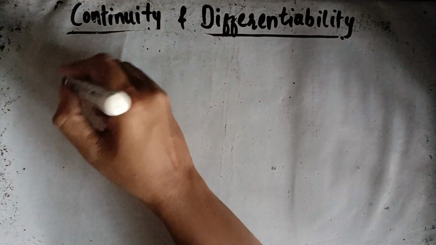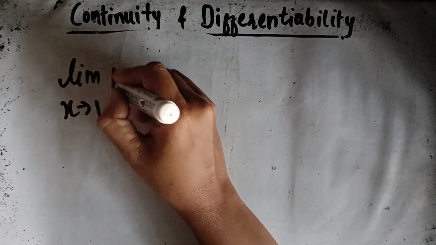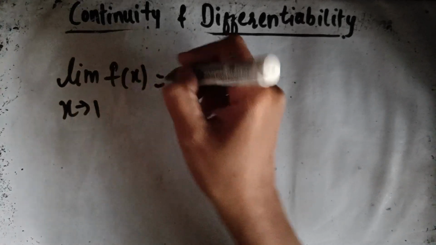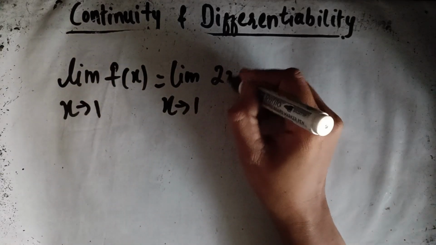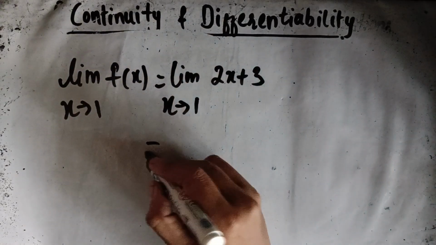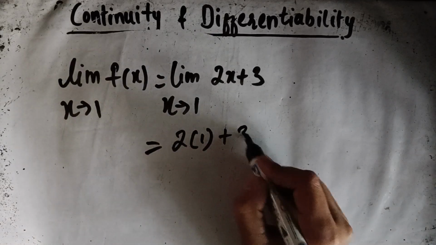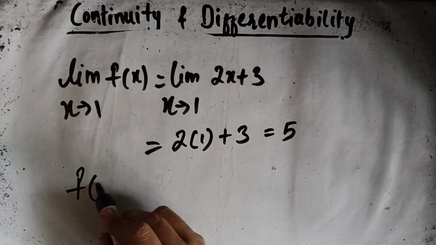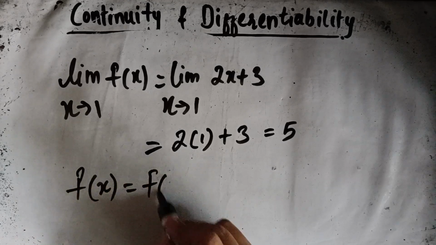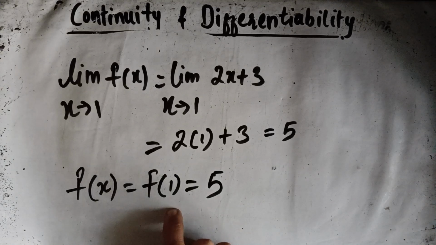So we write directly limit as x tends to 1 of f of x equal to limit as x tends to 1 of 2x plus 3. Substituting the value 1, this is 5. Now f of 1 is the same, 5. So this is continuous at x equal to 1.